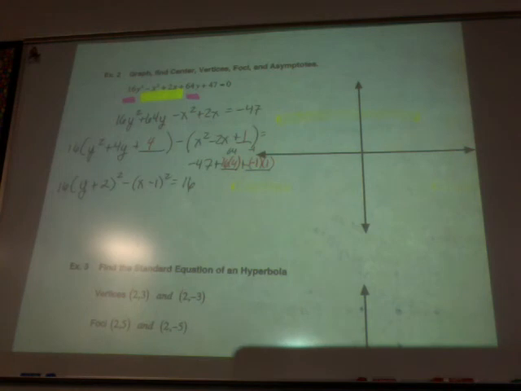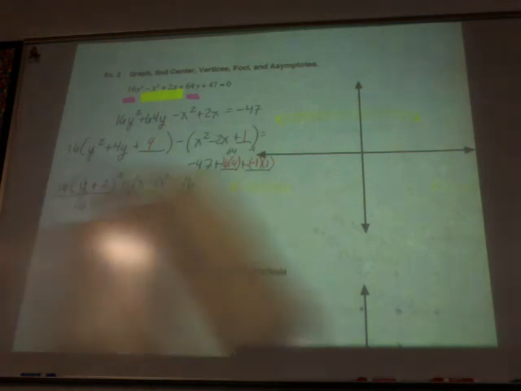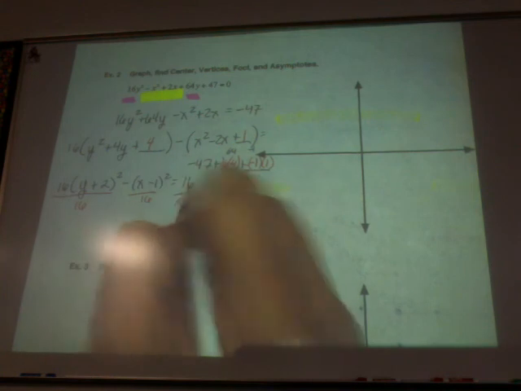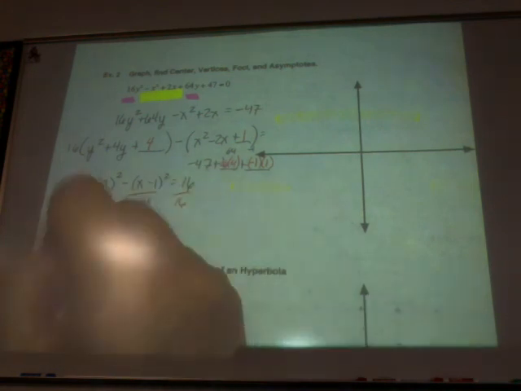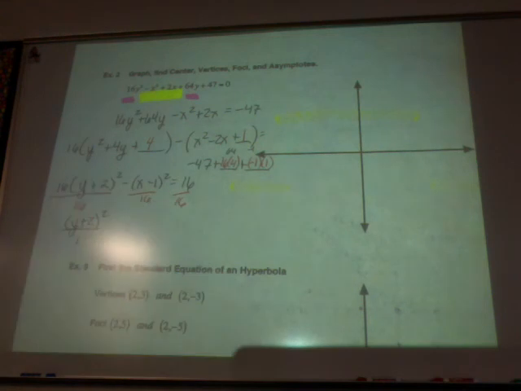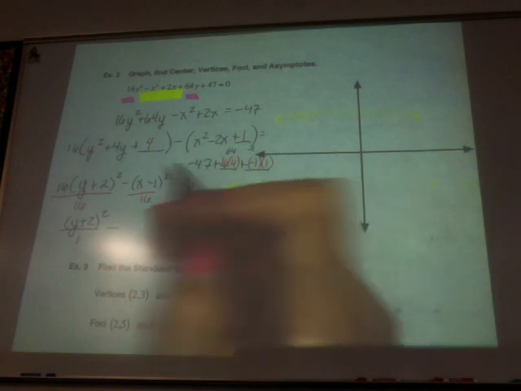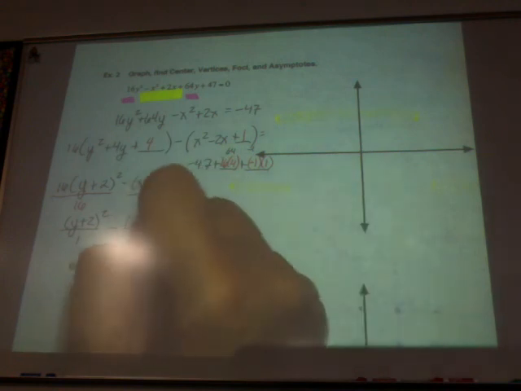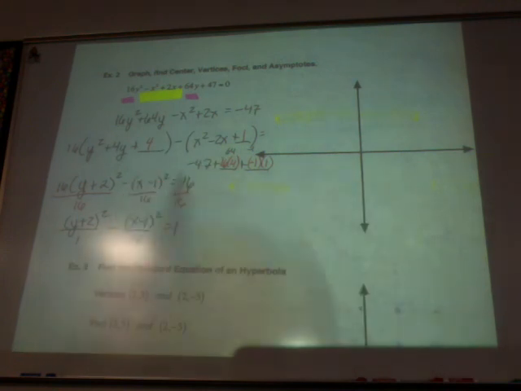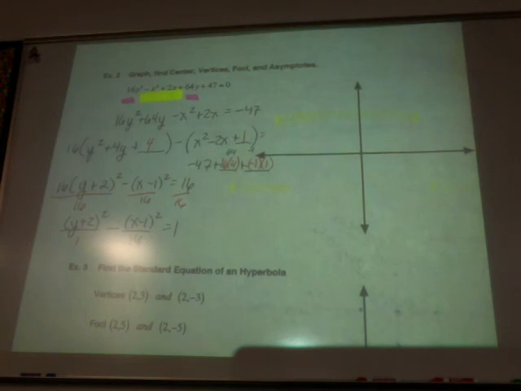So now how do you get 1 on the right here? Everything gets divided by 16. So I end up with y plus 2 squared. I am going to write it over 1, and if you do that, that's fine. You don't technically usually do that, but for your purposes, I want you to see it. So now what do I do?